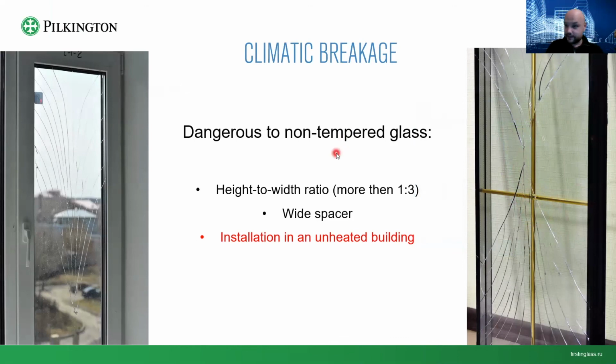Now, what factors are affecting this? First is height to width ratio. Now, that is very simple. If the IG unit resembles a square, then maximum glass bending, maximum glass deflection is determined by the shortest side. If both sides are the same, the bending is quite big for its size.